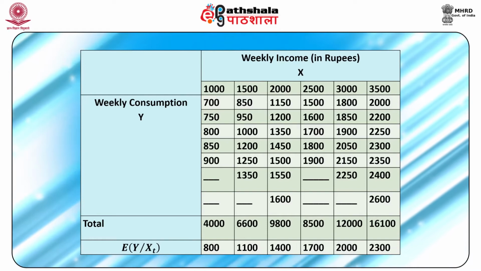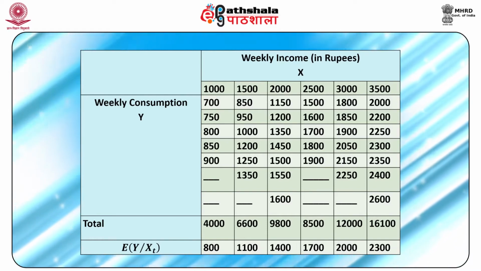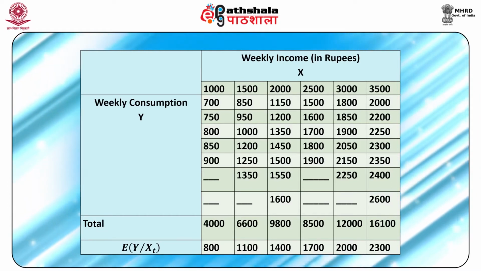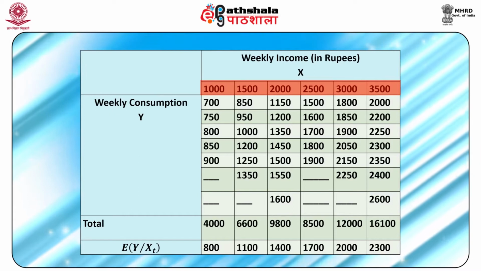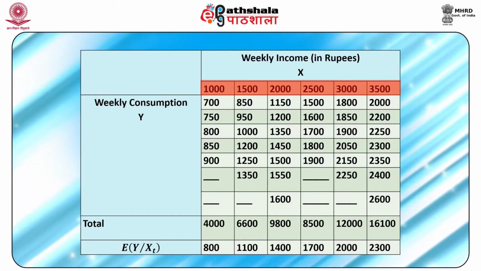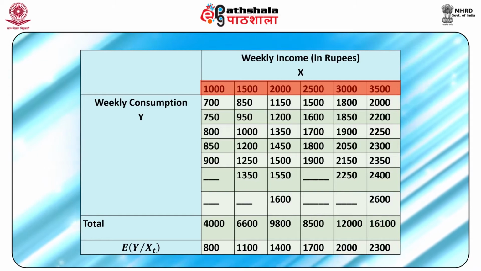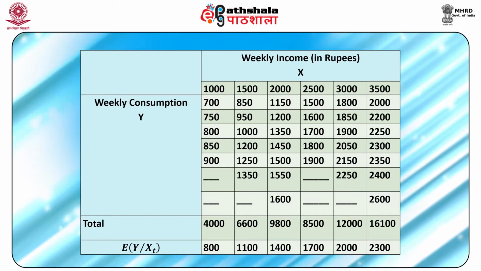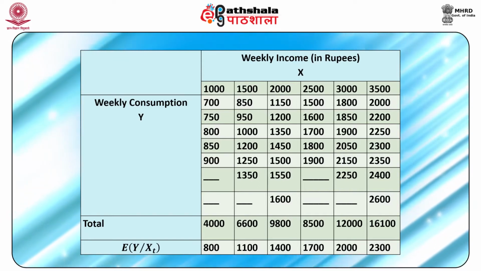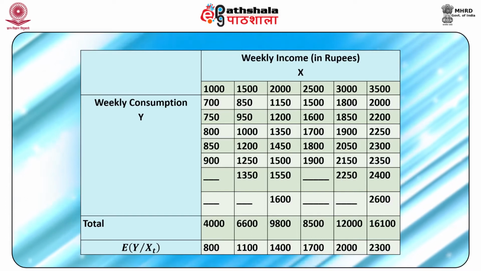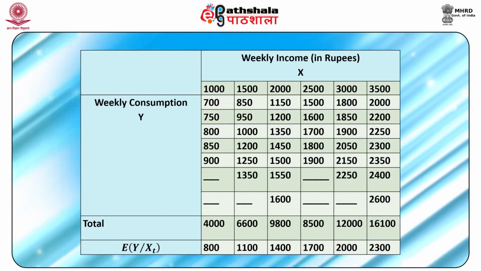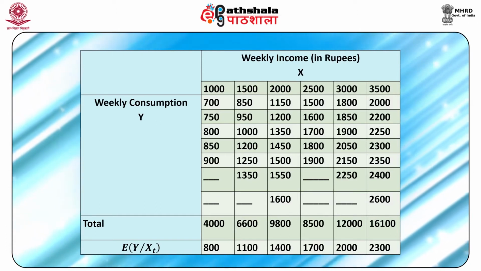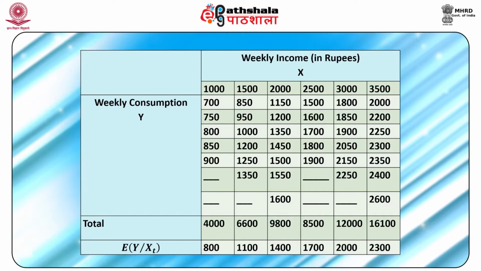You can very well notice that we have in the columns the income and the consumption, and this X value is given as 1000, 1500, 2000, 2500, 3000, 3500, which are the weekly income of the households, and their corresponding consumptions are given in the cell values within each column, which are known as weekly consumption, which is our dependent variable or the variable in which we are interested.